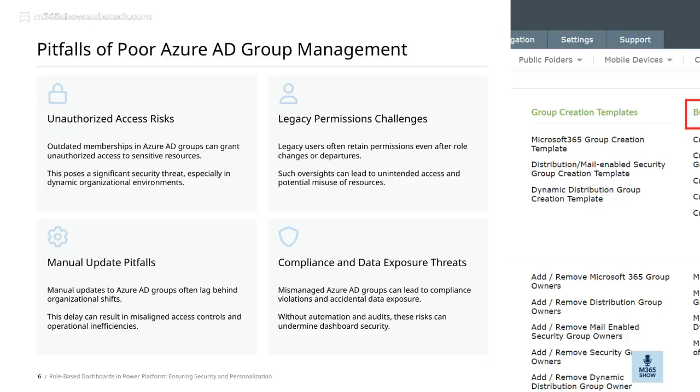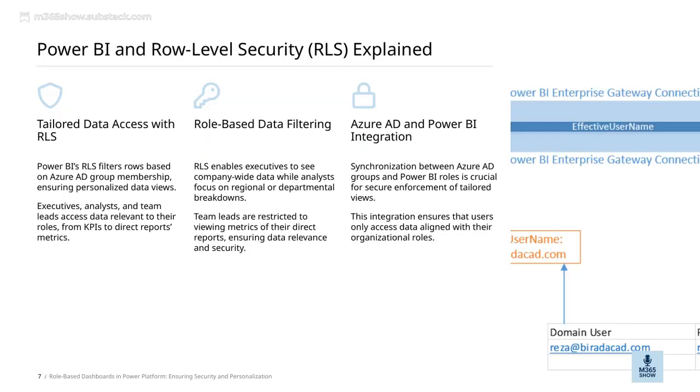Let's talk about how Power BI and row-level security, or RLS, work together to keep your data secure and personalized. One of the key aspects here is the synchronization between Azure Active Directory groups and Power BI roles. This integration is essential because it ensures that users only see the data they're supposed to see based on their organizational roles.